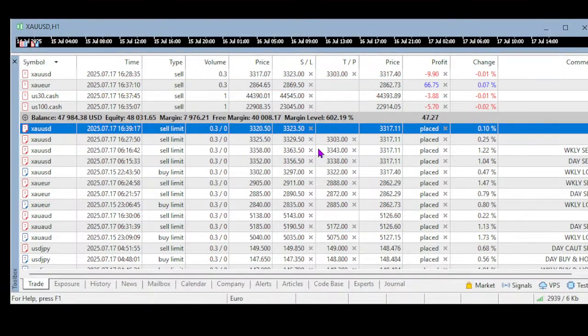So this is an add-on entry, because we had an early entry, so we have to take this kind of trade. Now we are going to manage all these 4 trades, and we may go for an add-on entry depending on the market conditions.